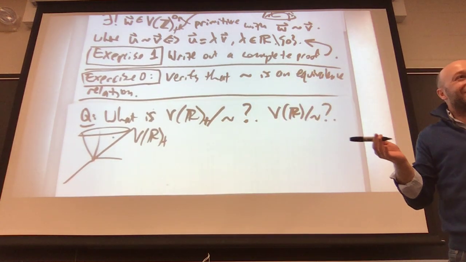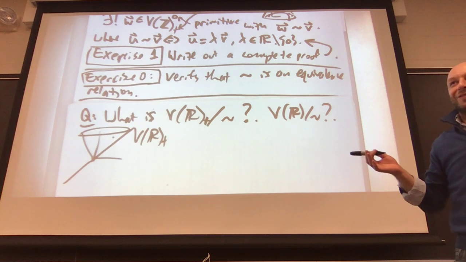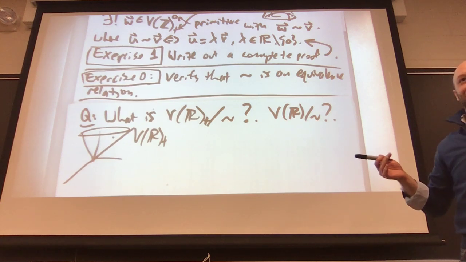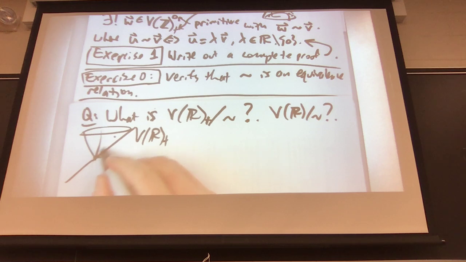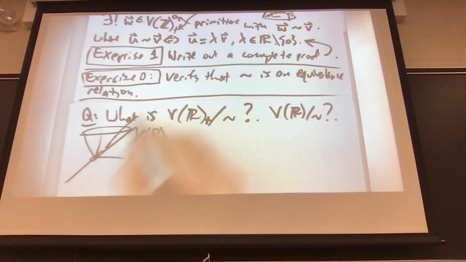Well, for any point, there's no distinguished way of making that point simple. It's going to be equivalent to everybody else on the line. There's a whole line through the origin, and this is what everybody is equivalent to. In fact, it goes all the way down to the negative cone, but we're just dealing with the upper cone right now. So is there any way to distinguish one of these from another?